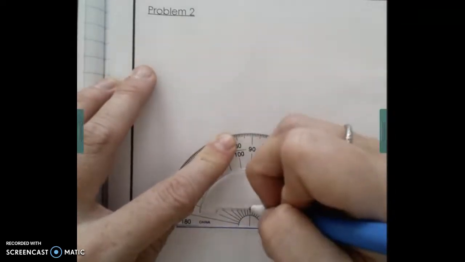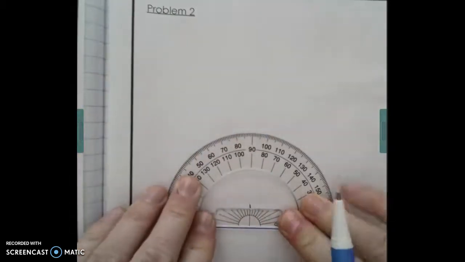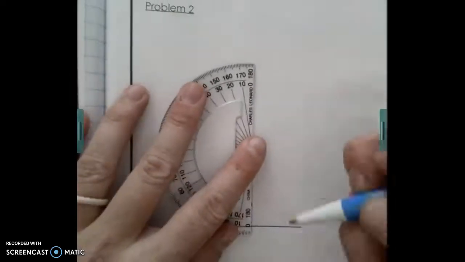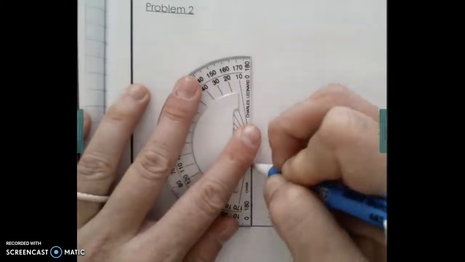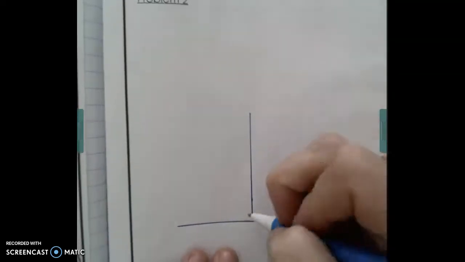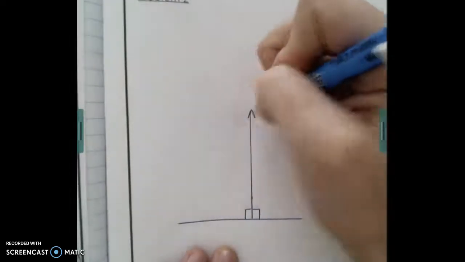And then I'm going to make a little line here where my 90 degree is on my protractor to see where I'm going to draw the line going up. So I want it to be 90 degrees. I'm going to make sure I draw straight up like this. So here I have 90 degree angles. So I know these lines are perpendicular.